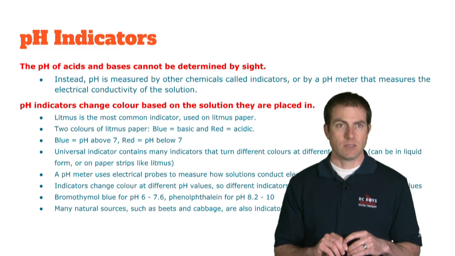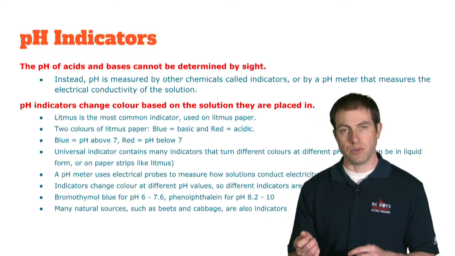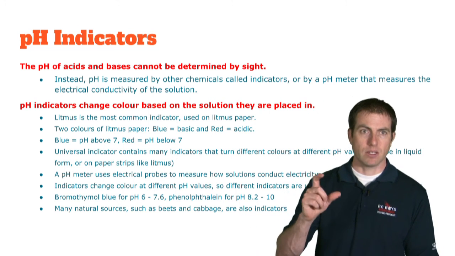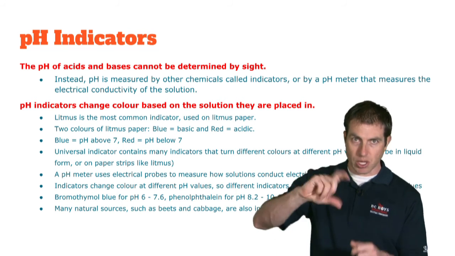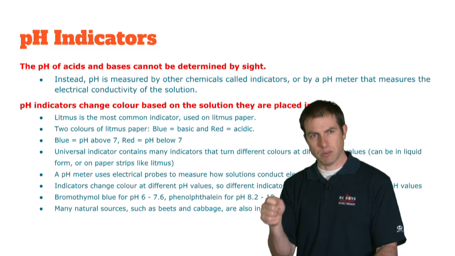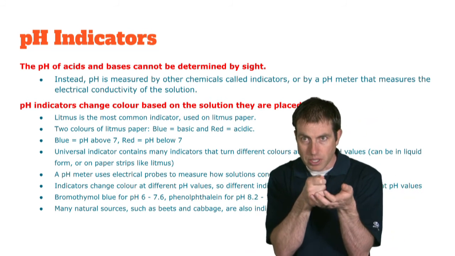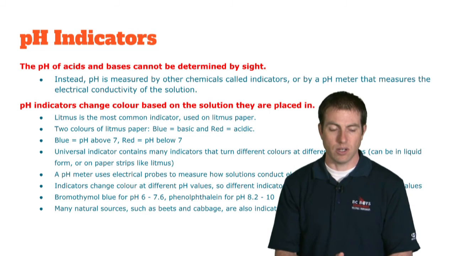Maybe you've done this before, or maybe you've seen your parents do it, but you take a little scoop of water from your pool and then you add a couple drops and you shake it and you compare the colors. Or at home I have a hot tub and we have these strips of paper and you dip the paper in the water and then you compare the color of the paper to the chart on the side of the bottle.